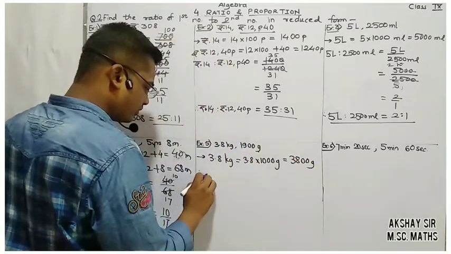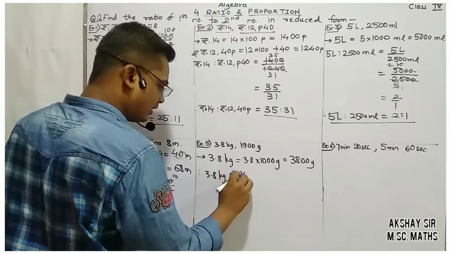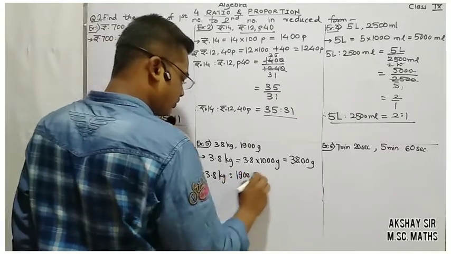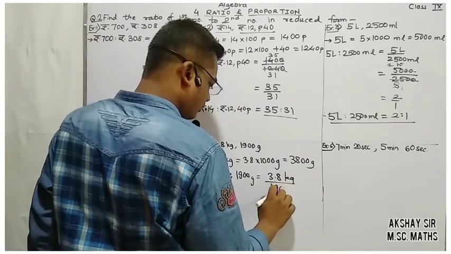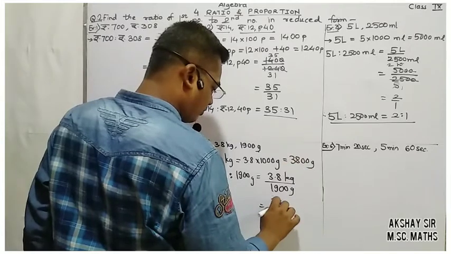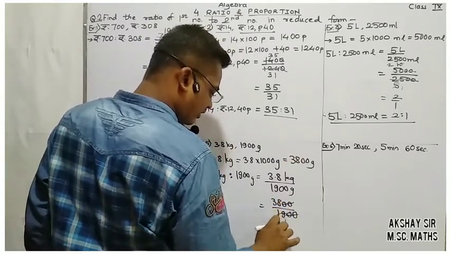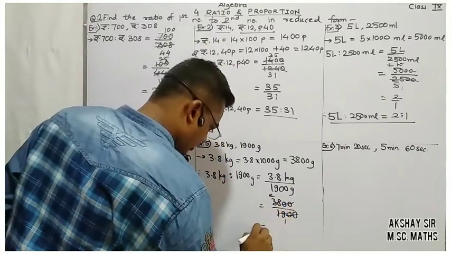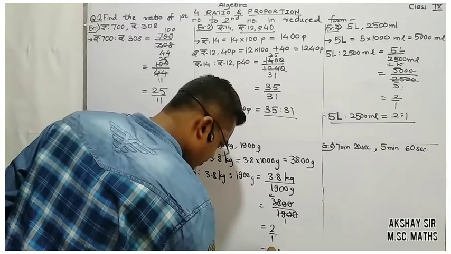Now taking the ratio, therefore 3.8 kg as to 1900 gram equals 3.8 kg upon 1900 gram. इस तरह से 3.8 kg is 3800 upon 1900. So दो zeros निकल जाएंगे. 19 ones are 19, 19 twos are 38. It will be 2 upon 1 and it can be written as 2 as to 1.